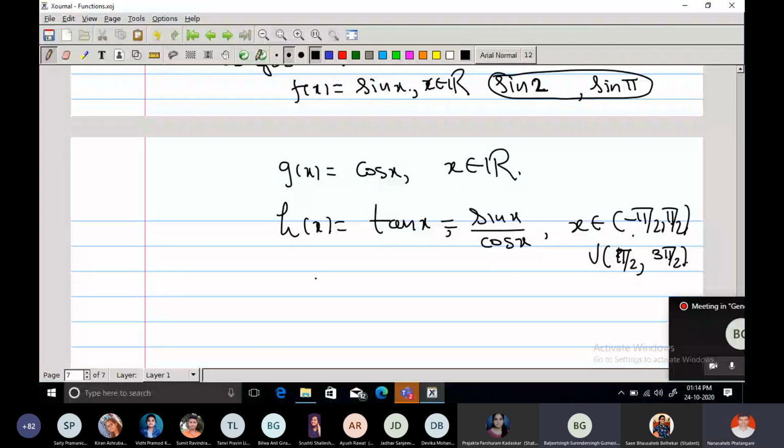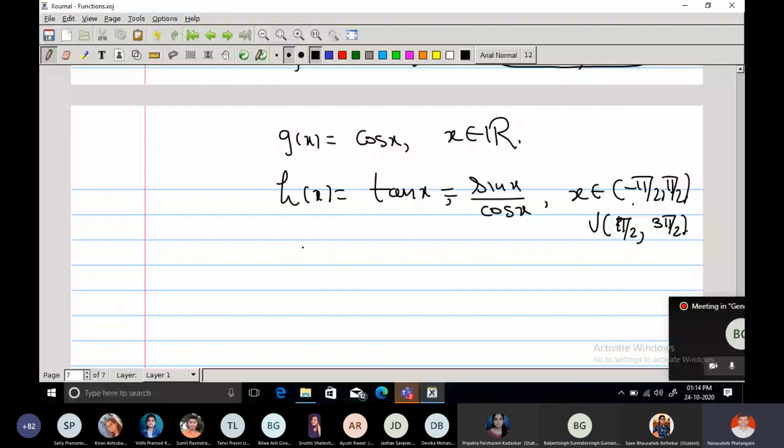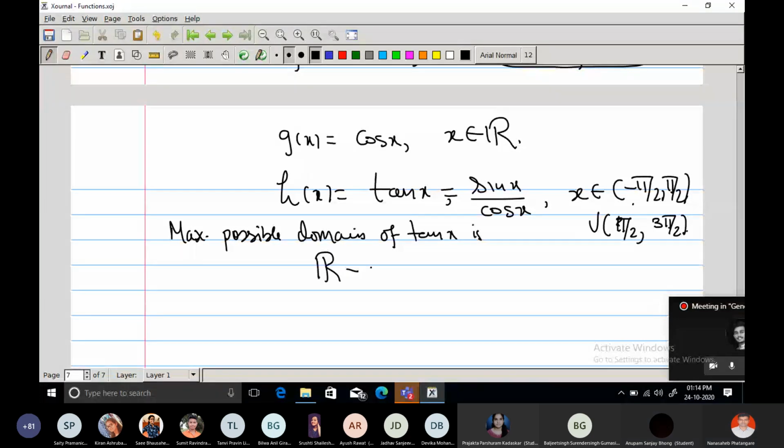So what is the maximum possible domain of tan x? R minus (2n minus 1) pi by 2. R minus something, right? So we have to exclude pi by 2 and minus pi by 2. Then we have to exclude 3 pi by 2 also, because then cos is 0.